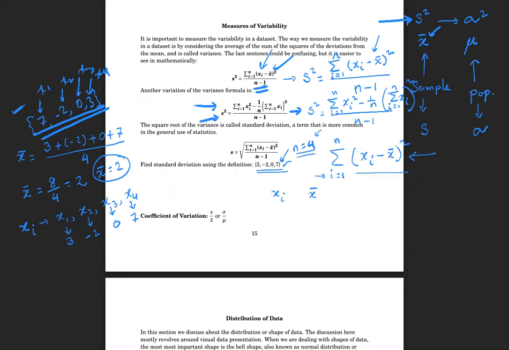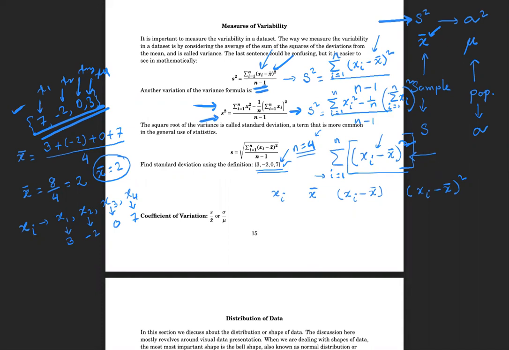Then I'm going to find xi minus x bar. That gives me just this middle part without the square. In the next one, I'm going to do xi minus x bar whole square. So whatever is right here, in front of the summation, that's what I am looking for.